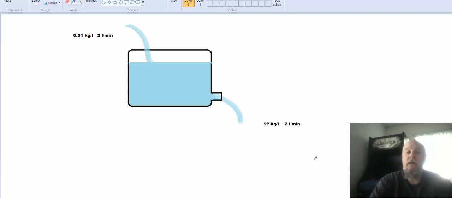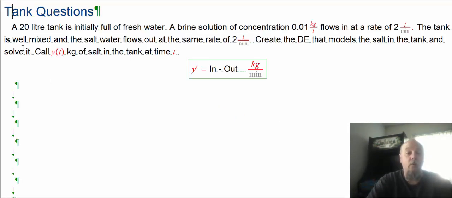But in this case, it's 2 liters per minute flowing in, 2 liters per minute flowing out. The volume is constant. So it's a 20-liter tank full of fresh water, so there's always going to be 20 liters of liquid in the tank.